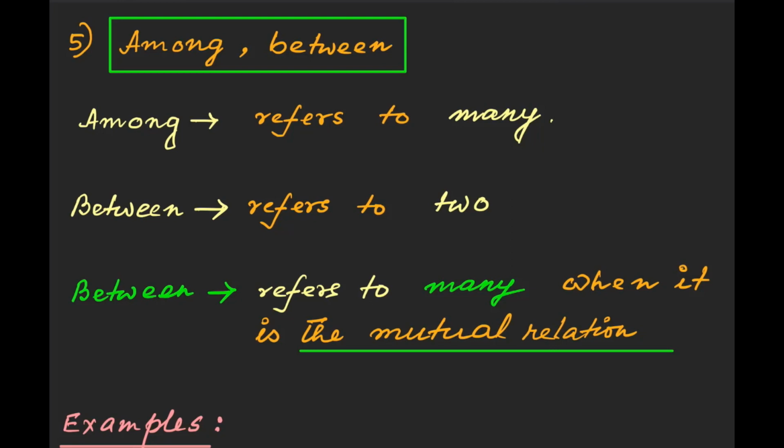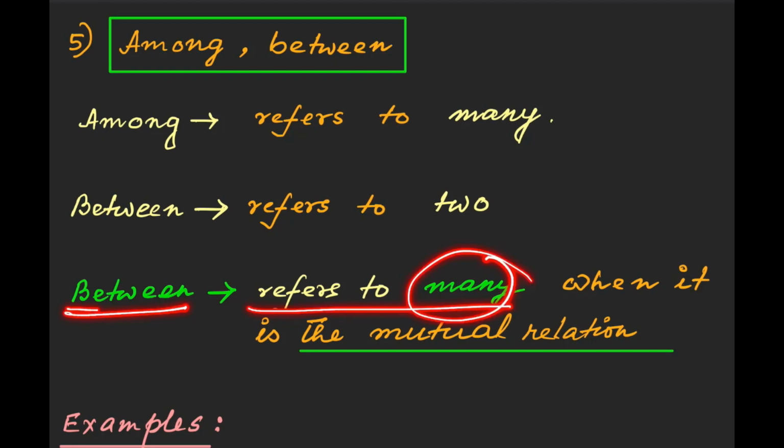They are always used, and used in most cases correctly, yet brush up your acquired concept. Among and between. Among is used to refer to many, and between refers to two books, two people, like this. Between, this may be slightly new. Between refers to many also.